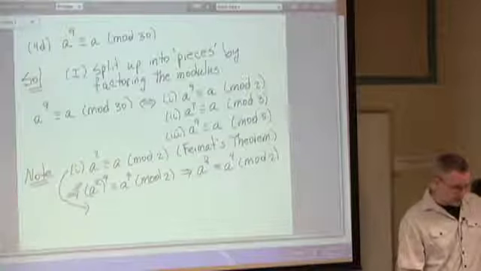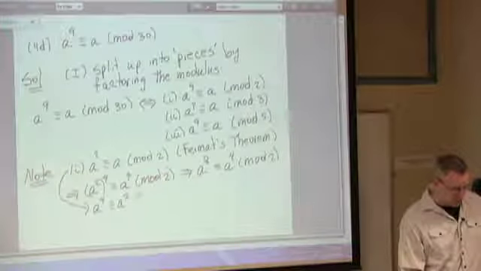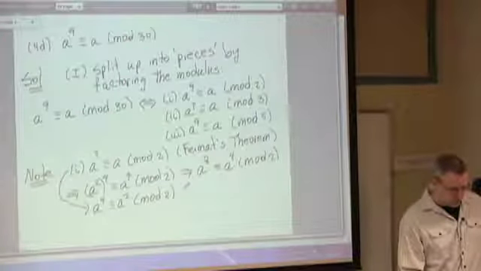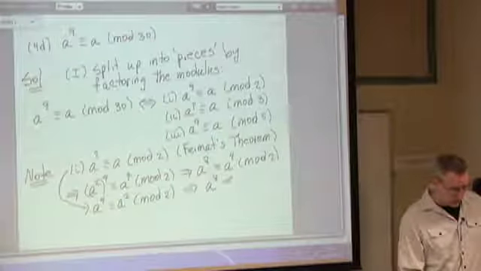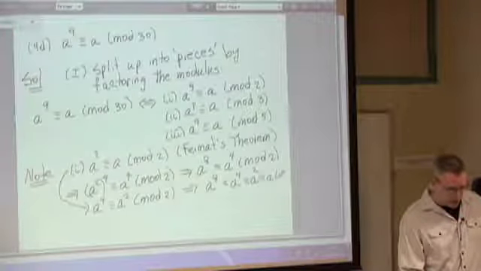We know that a to the 4th, if we square both sides, is congruent to a squared mod 2. Does that make sense? So we know that a to the 8th is congruent to a to the 4th, which is congruent to a squared, which is congruent to a mod 2.